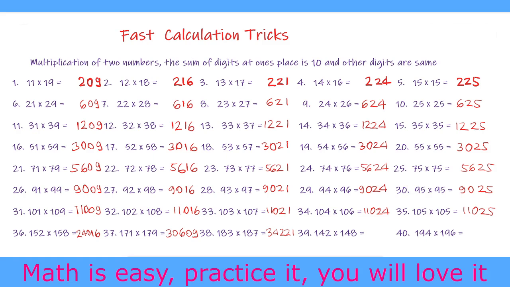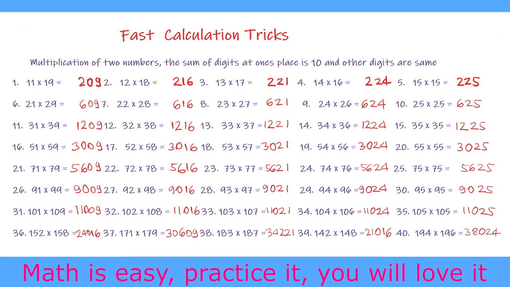142 multiplied by 148. 8 times 2 is 16 and 14 multiplied by 15 is 210. So multiplication of 142 multiplied by 148 is 21,016. 194 multiplied by 196. 4 times 6 is 24 and 19 times 20 is 380.